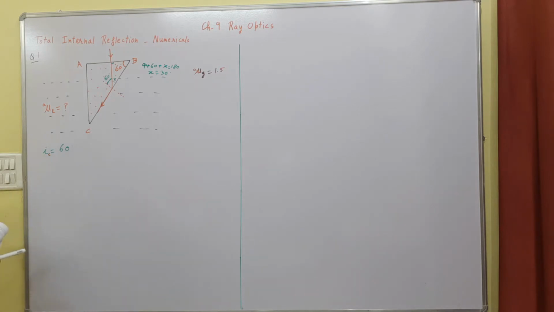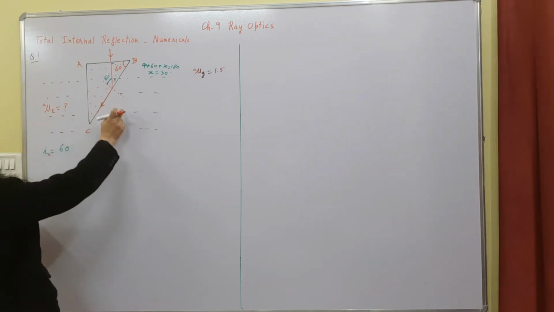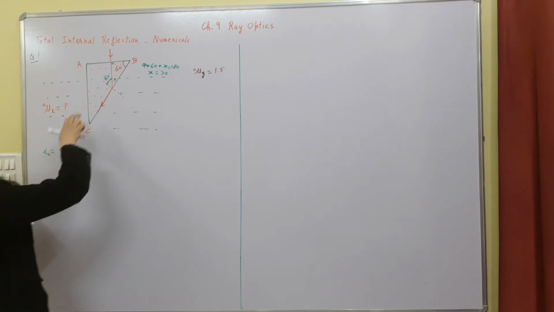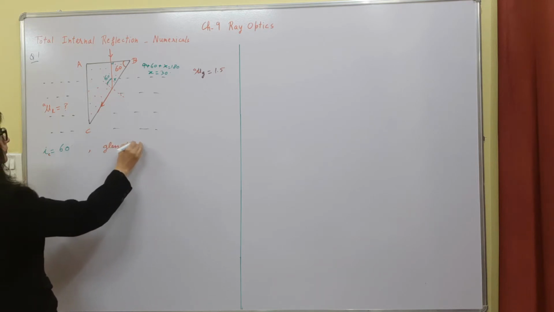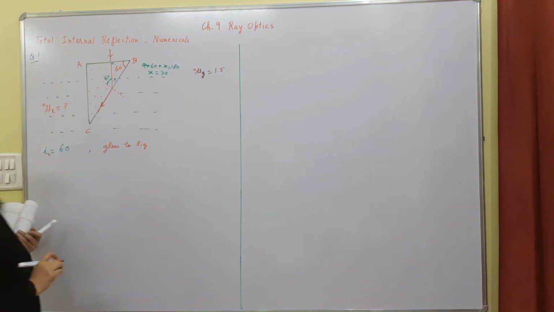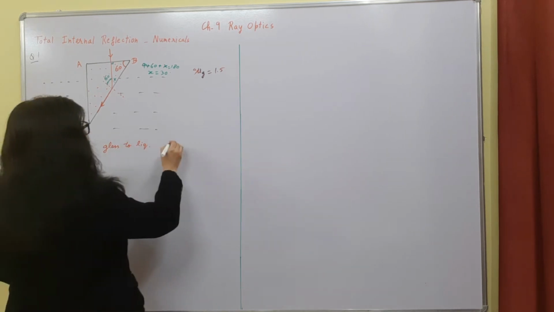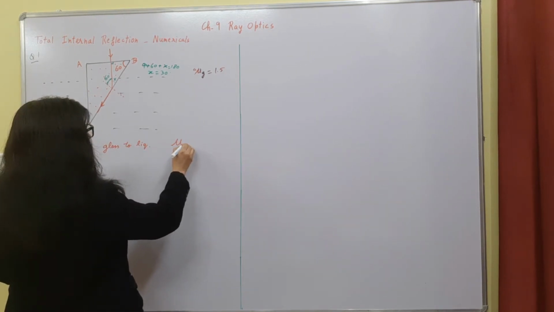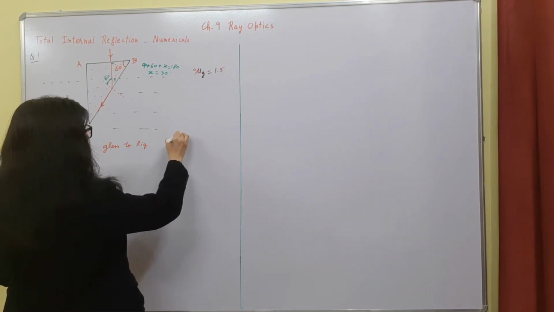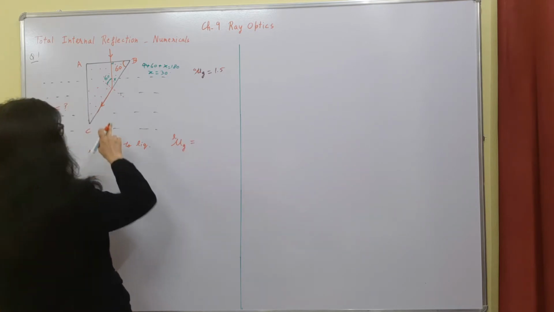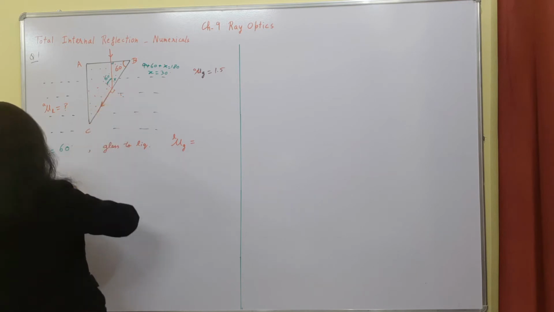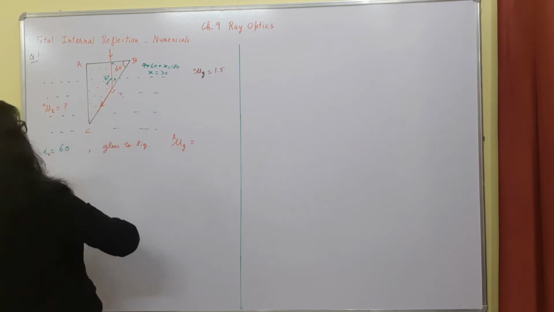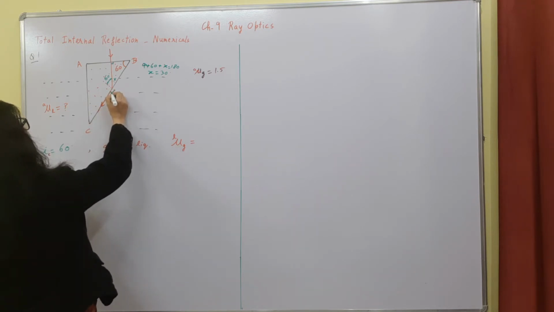So we have to find this refractive index of the liquid. So now this is moving from glass to liquid. So you can write down that refractive index of glass with respect to liquid is equal to sine of the angle in the opposite medium by Snell's law.